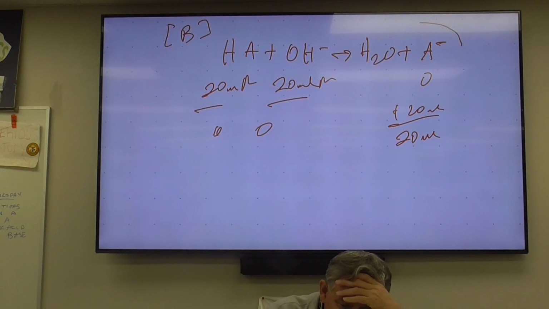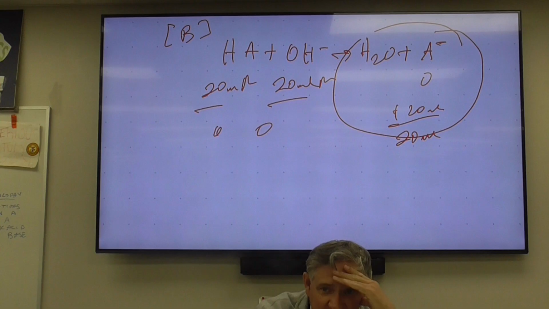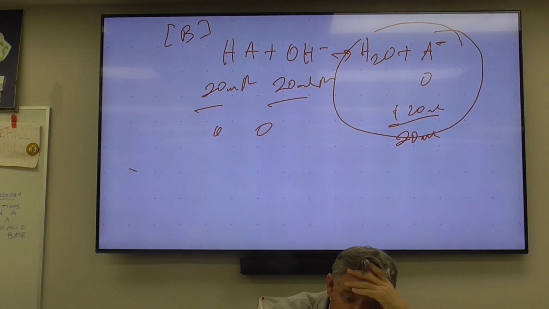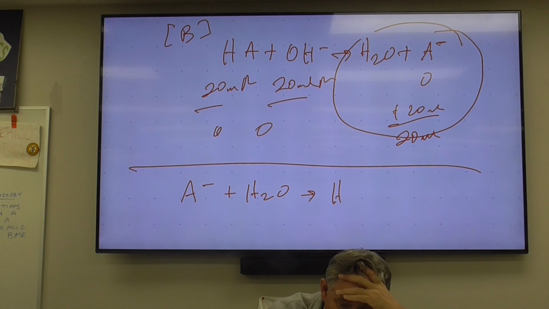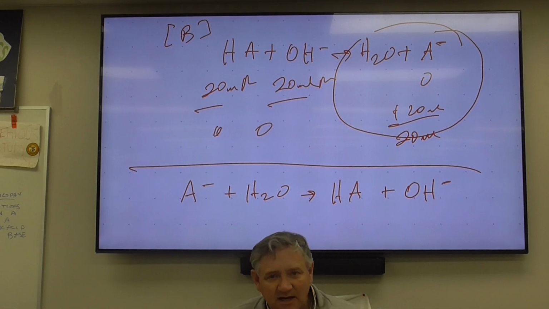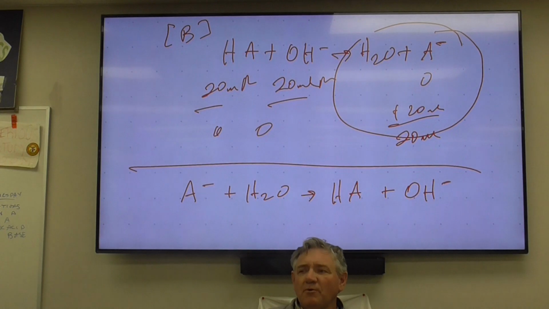So because this anion is going to react with the water, because it's the conjugate base off of a weak acid, you're going to start a secondary reaction that's going to reform the acid and hydroxides. Okay? This is the whole point of the story.